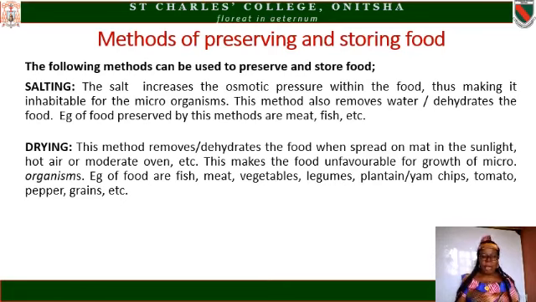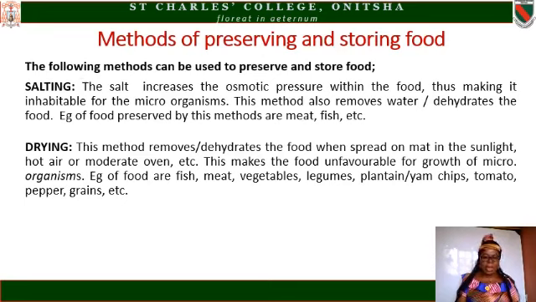Also, this salting removes water or dehydrates the food, so that the environment is no more habitable for microorganisms. The type of food you store like this include meat, fish, and other ones.